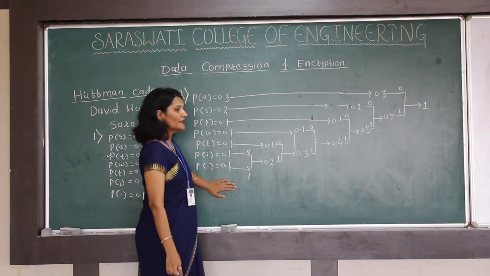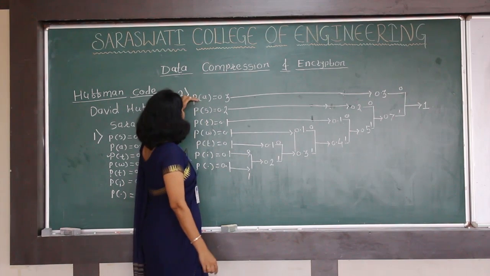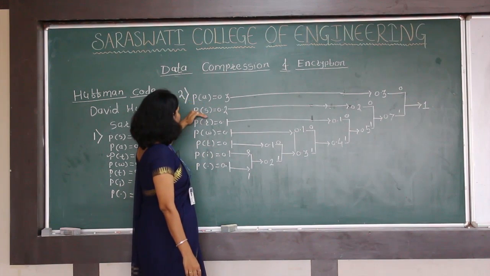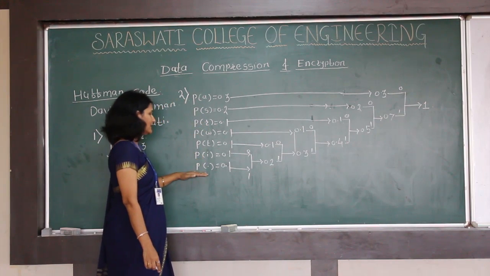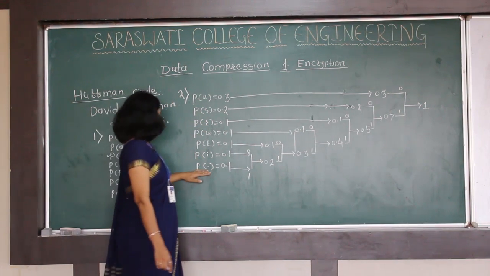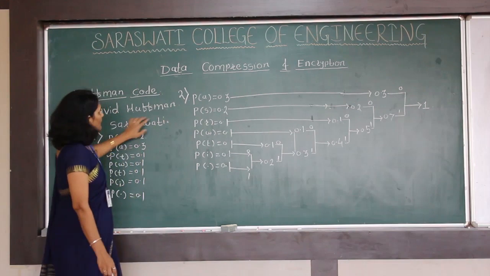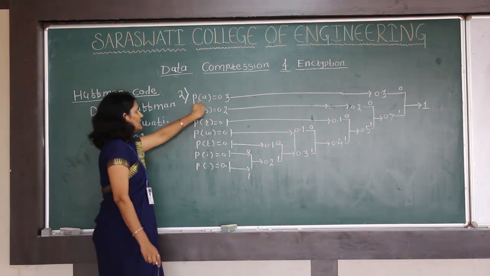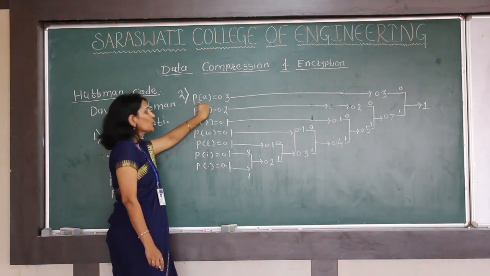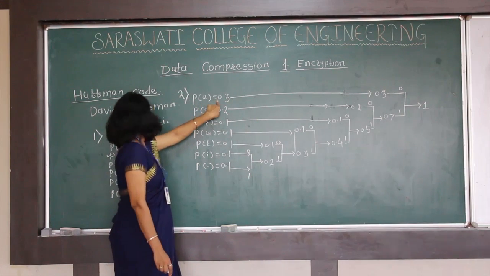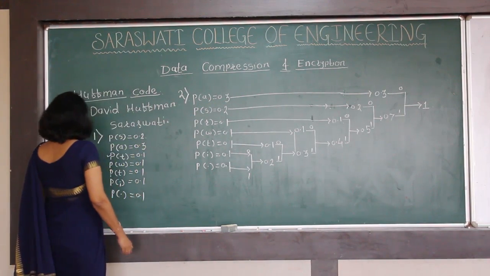Then calculate the Huffman code for individual symbols, P of A, P of S, R and till P of full stop. Initially, here it is P of A. Calculate the code word for P of A. First write down all probabilities.